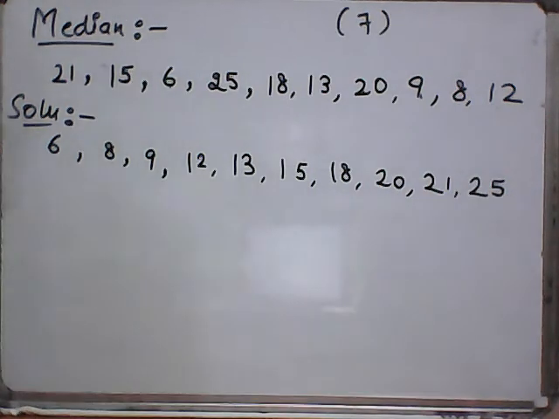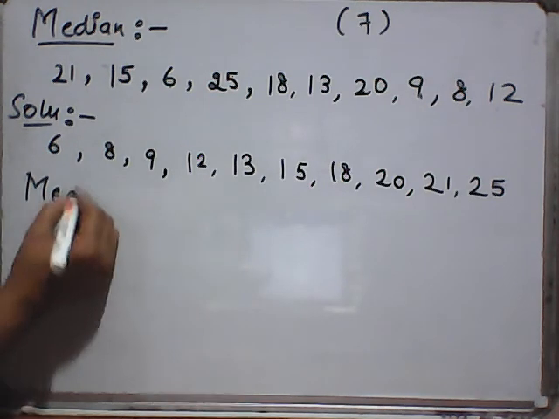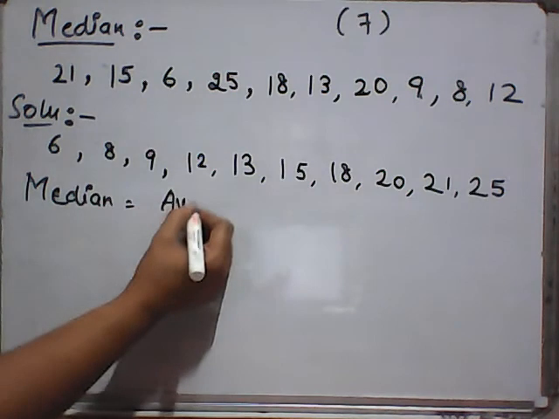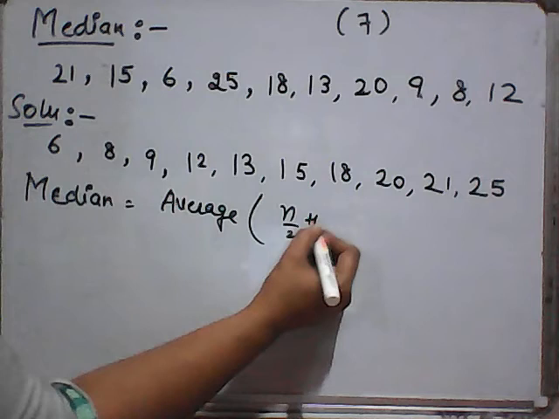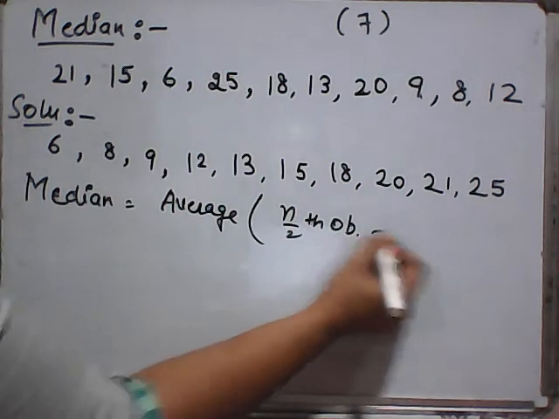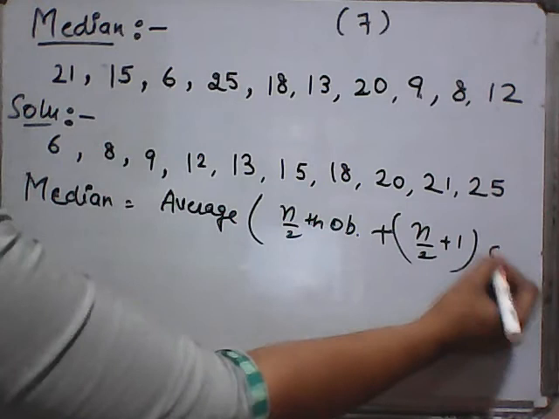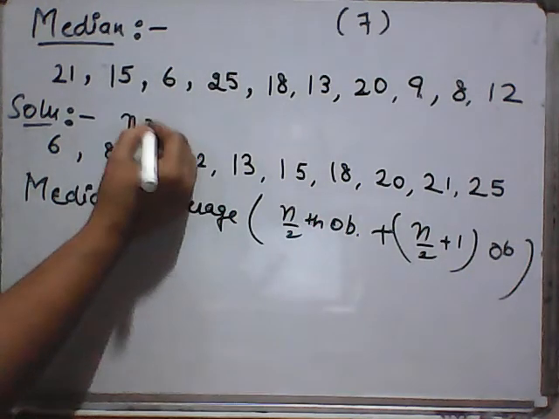What is the formula for finding the median with an even number of observations? Average of the n by 2th observation plus the n by 2 plus 1th observation. Now here n is equal to 10.